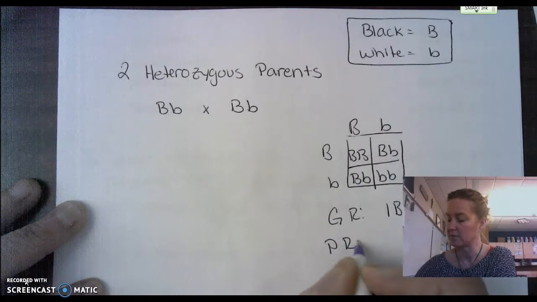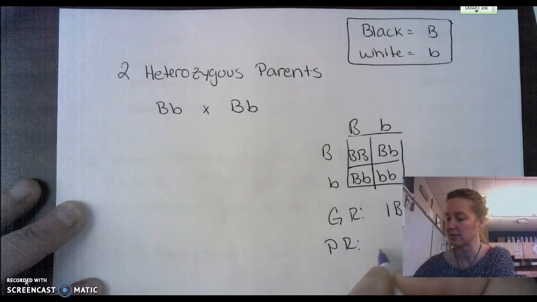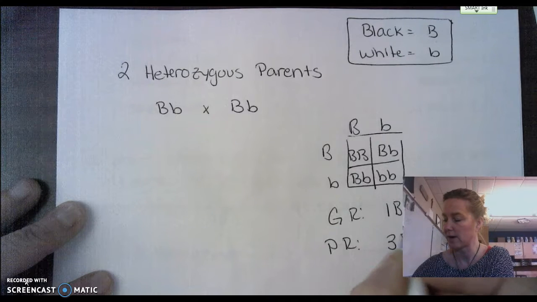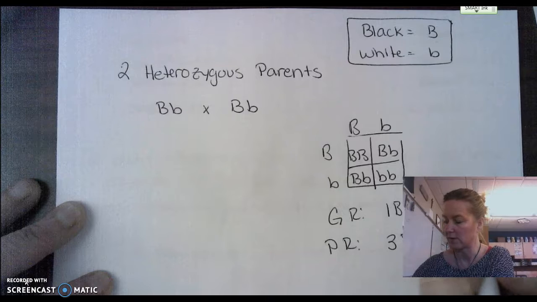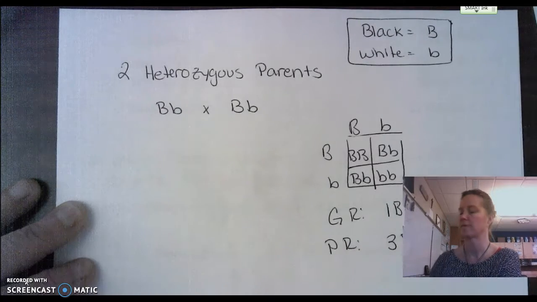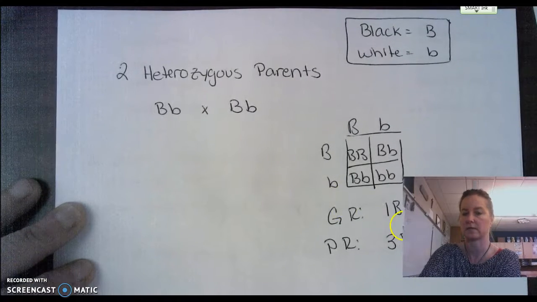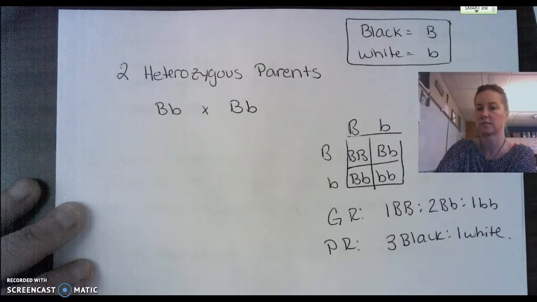From that, I can get the phenotypic ratio of 3 black to 1 white. Okay, so 3 dominant to 1 of the white characteristics. Let's move this so you can actually see.